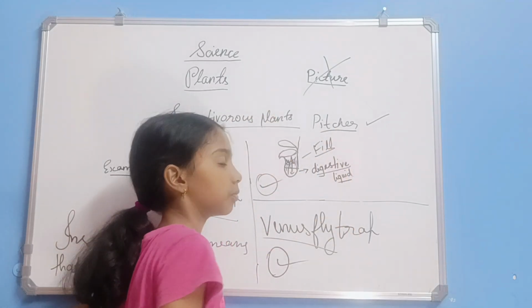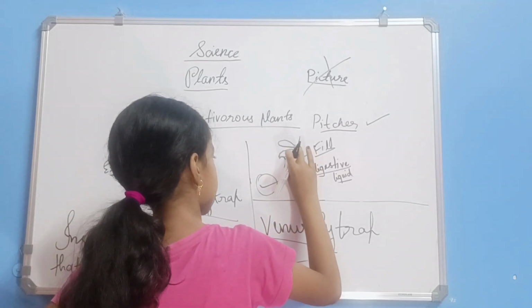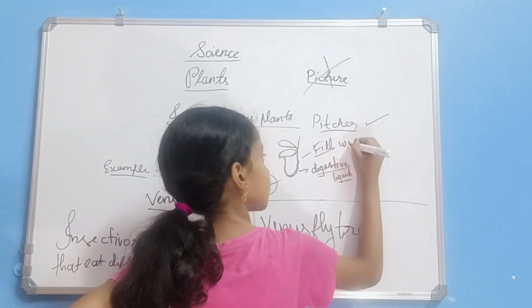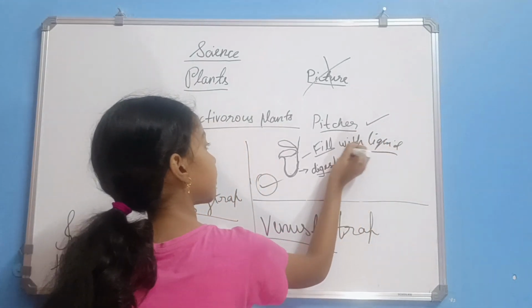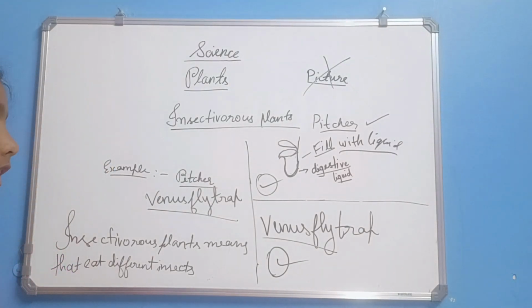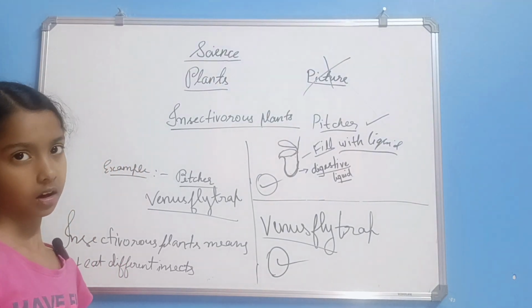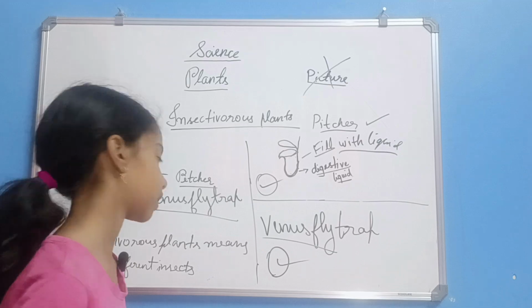It will be fully filled with liquid. That's why the insects cannot escape from there. That's why it is called an insectivorous plant.